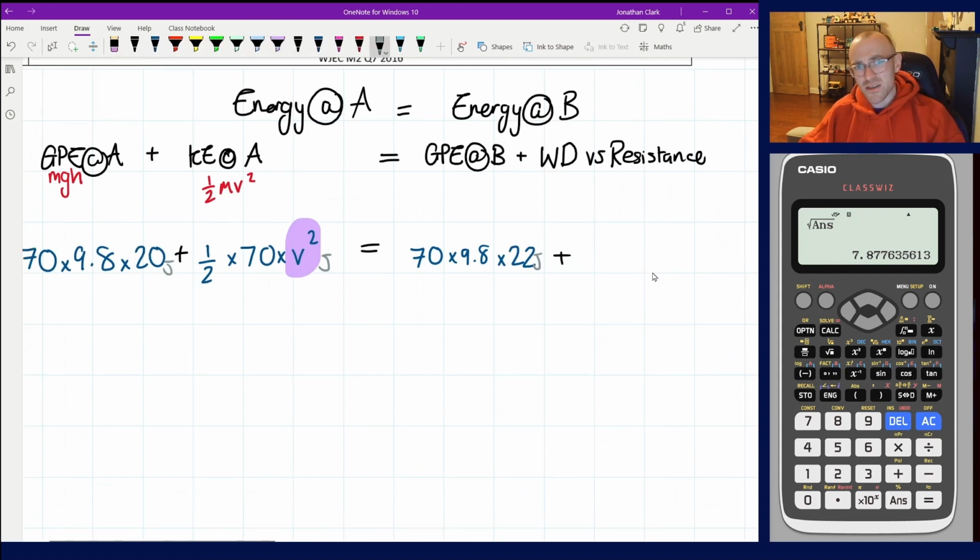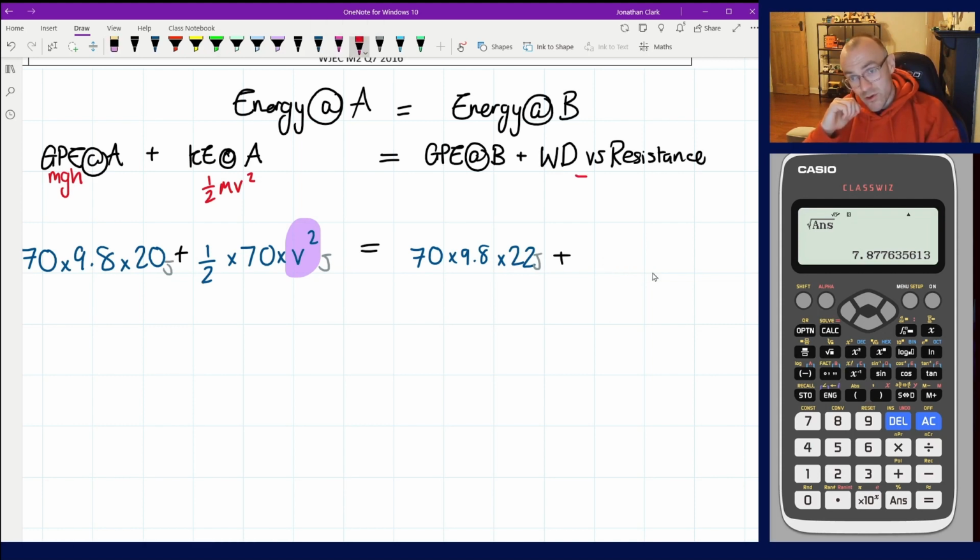Something that I noticed, a common mistake with this, is people said, oh, he's going to use some energy against resistance, and I know the resistance is 50, so I'm going to put a 50 there. But keep in mind, this is 50 newtons, and if we're comparing those quantities, it's apples and oranges then, right? We shouldn't have an equation with more than one type of unit in it.